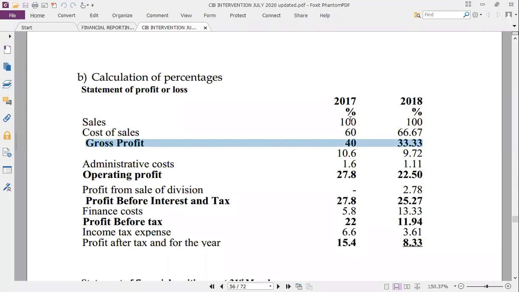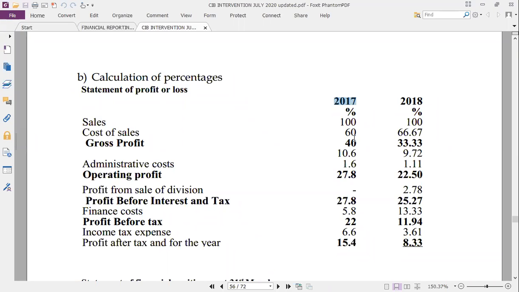If the common size analysis is for 2 years, then the analysis must be drawn for both years. If it is for just 1 year, it is so straightforward. So for instance, if it's only for 2017, then I write a report like this. Cost of sales represents 60% of sales, leaving a gross profit of 40%.